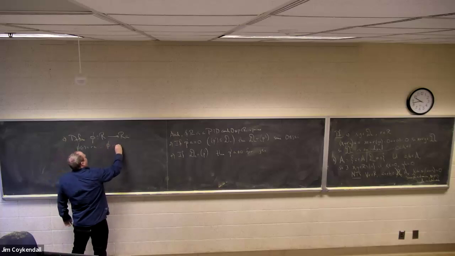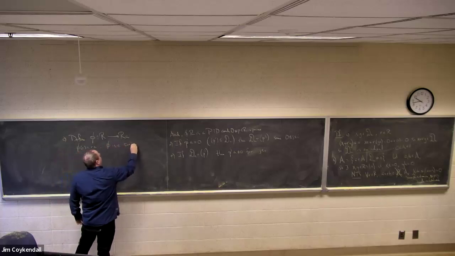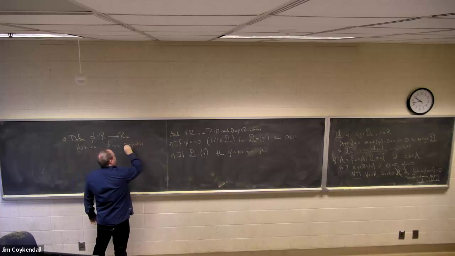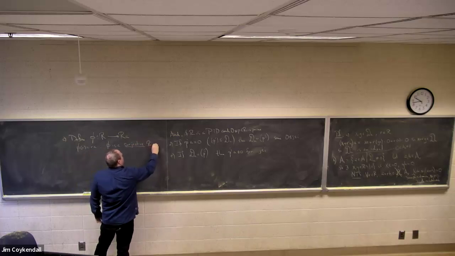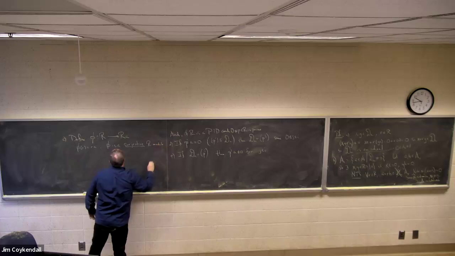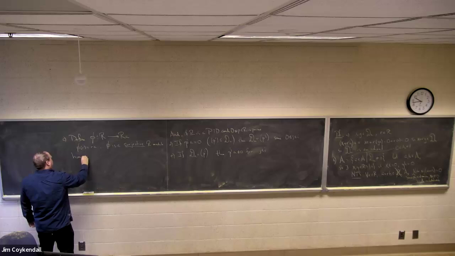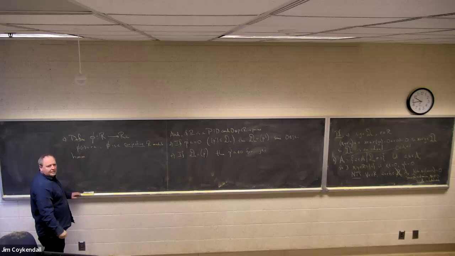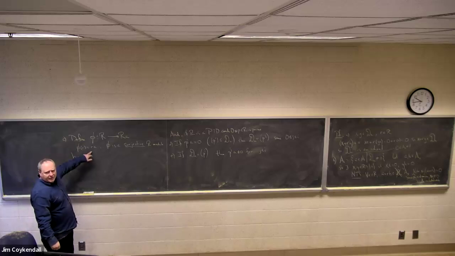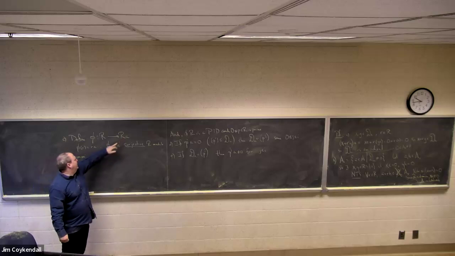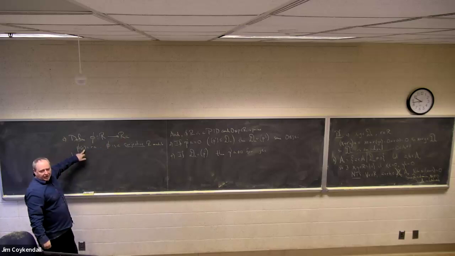The map is a surjective R module homomorphism. It's clear, isn't it, that it's onto, because every little ra has pre-image little r. Everybody agree with that? And it's easy to check. It's not much fun. Everybody with me on that?